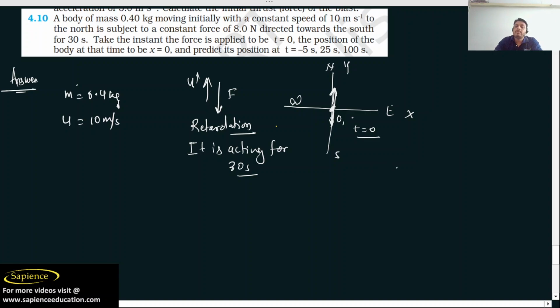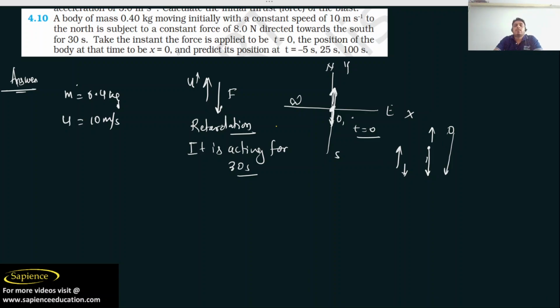Definitely if the object is going upward and a force is acting in downward direction, the object will retard, and at some time it will move in the opposite direction, because if it is going with 10 meter per second, certainly one time will come that it will become 0 meter per second, and after that it will start increasing. Okay, till 30 seconds only.